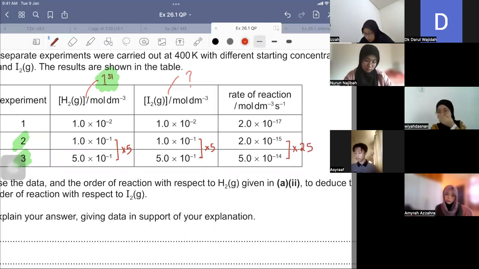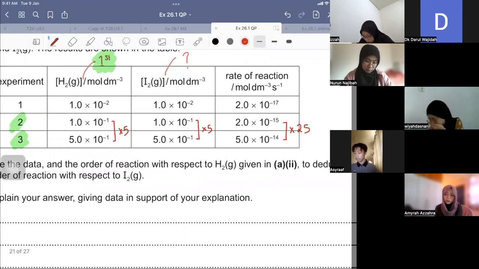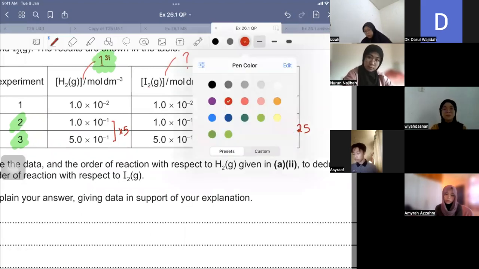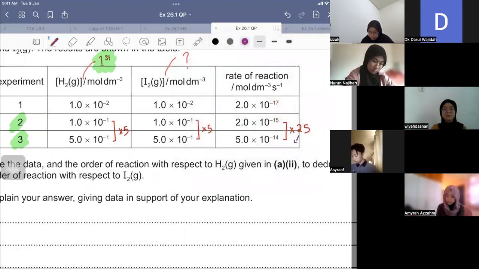Okay, so this increase in 25 is actually a combined factor of an increase in hydrogen and an increase in iodine. Since we increase hydrogen by 5, our rate should also be affected by an increase by a factor of 5, since it is second order.